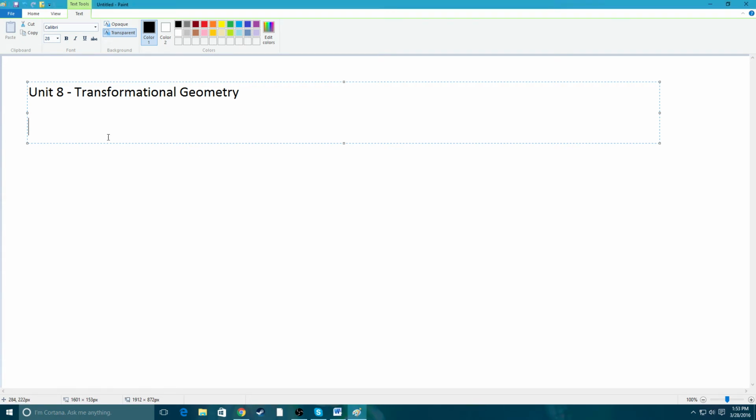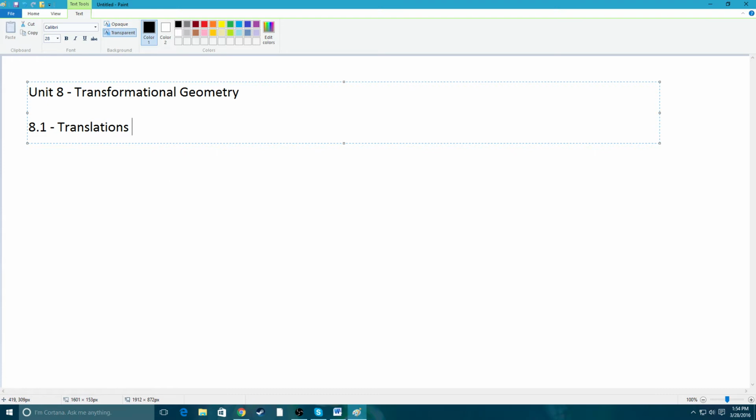What we're going to work on today is 8.1, and we're going to call this translations. You guys have probably heard before of translators, people who talk in one language and translate speech to another language. That's the same thing for math. We are taking a figure on an xy plane and translating it, moving it to somewhere else.